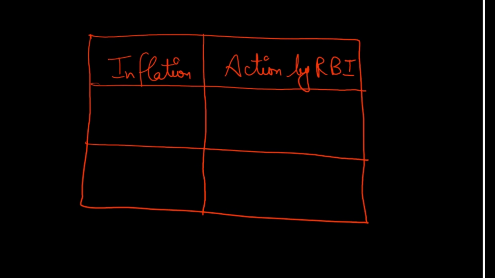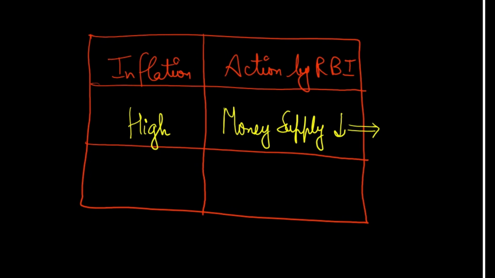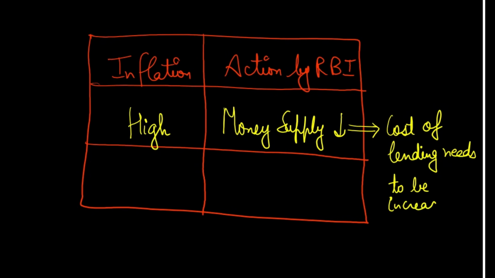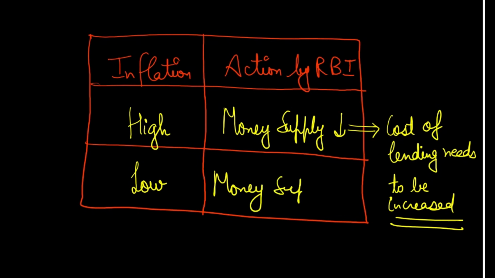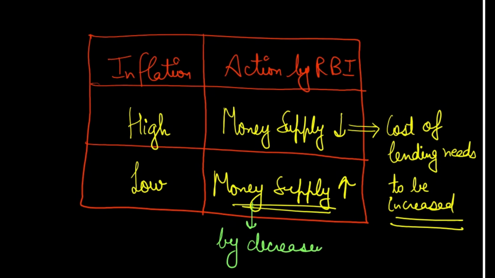If there is a high inflation in the economy, RBI needs to control money supply. This means cost of lending needs to be increased. Similarly, if there is a low inflation, then money supply needs to be increased. This needs to be done by decreasing cost of lending.